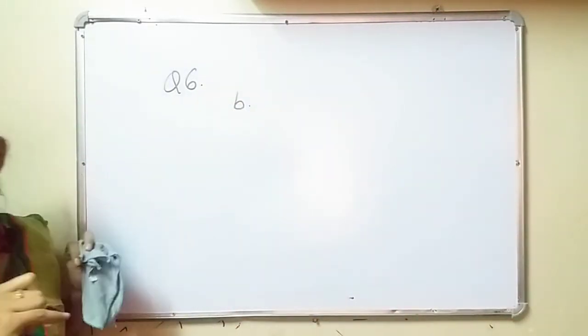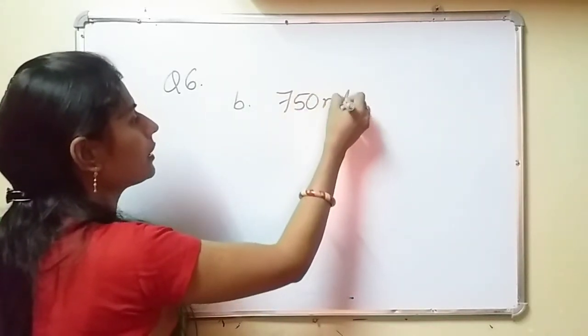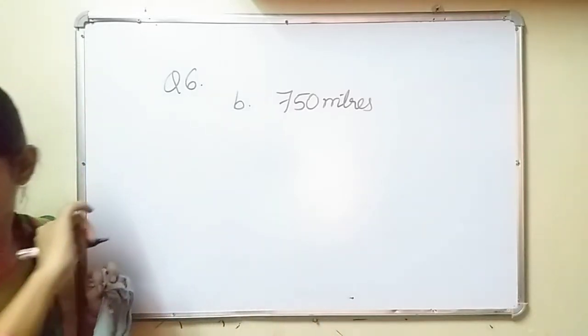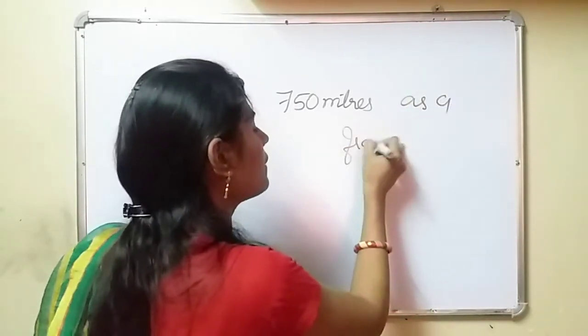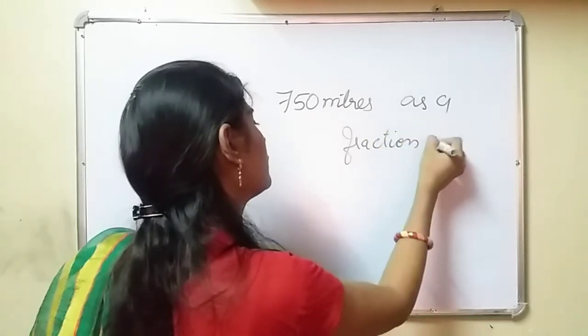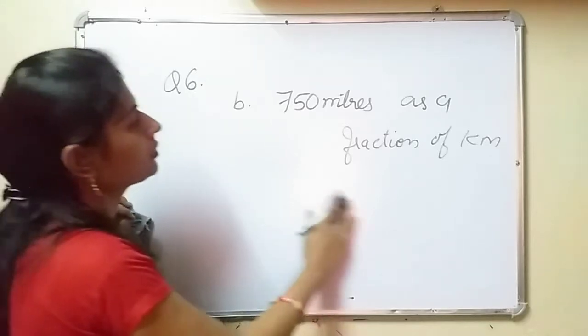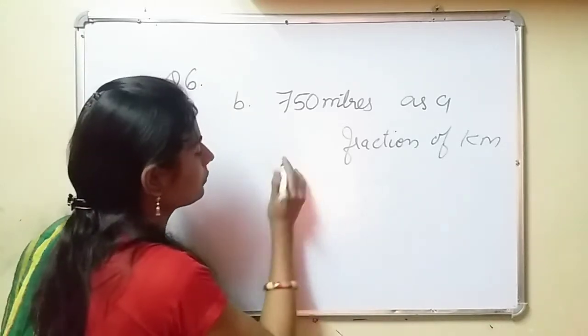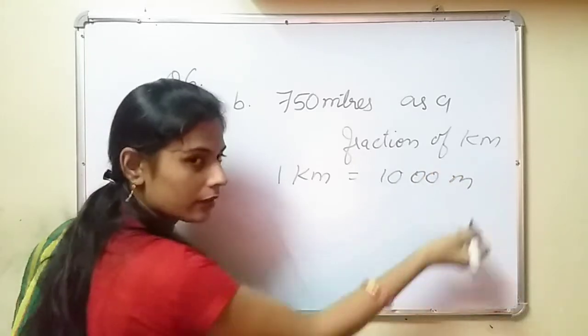B, that is 750 meters as a fraction of a kilometer. Okay, so 1 kilometer is equal to 1000 meters.